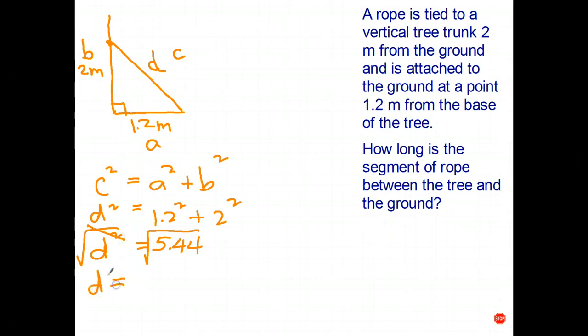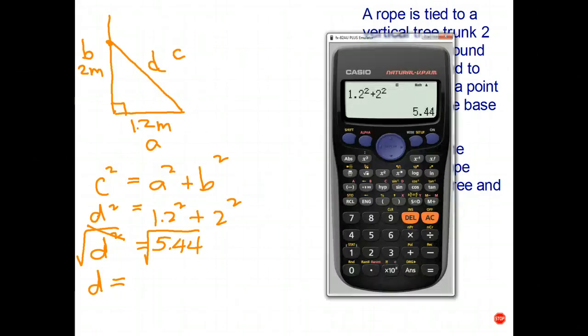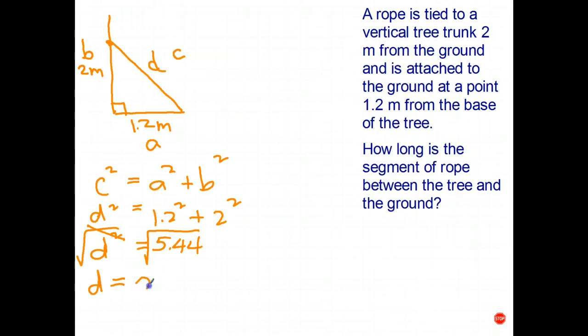And once again, it doesn't tell us how much accuracy. So I would say if we're working to 1 decimal place here, we'll probably leave it to 1 decimal place. So the square root of 5.44, to 1 decimal place is 2.3, and that stays the 3 because that's smaller than 5. So to 1 decimal place, 2.3 meters.